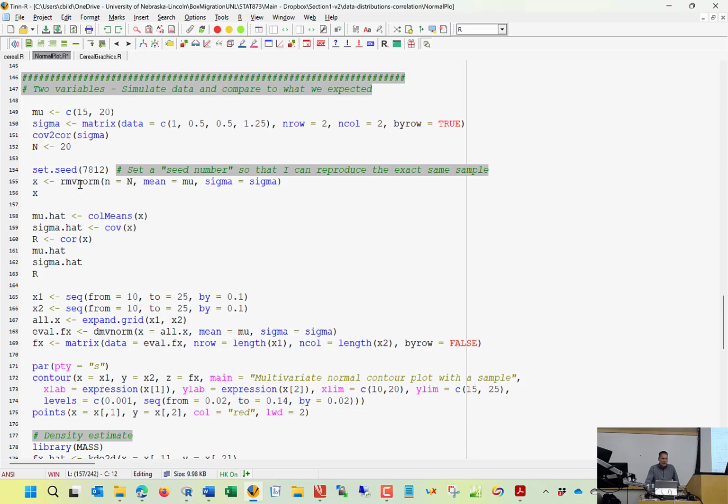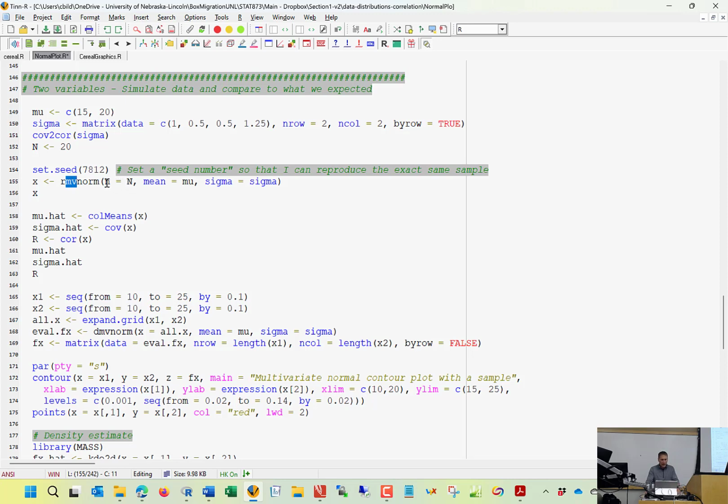Now to simulate the data, if you've done this in R for a univariate normal distribution, the function is rnorm. Since we have a multivariate normal distribution, we have to use a function from the MVT norm package to do this. The function is r for random, mv for multivariate, and norm for normal.